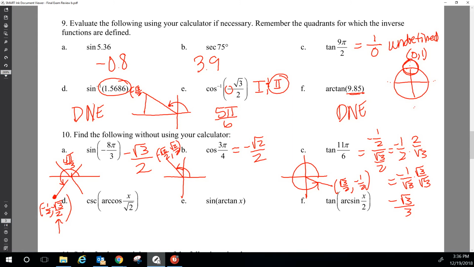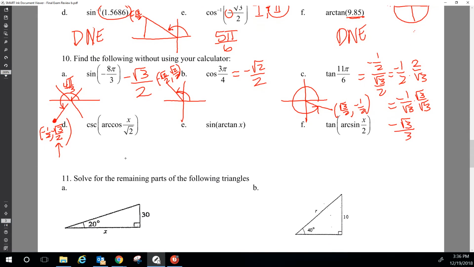All right, D, cosecant of arc cosine of x divided by the square root of 2. So first we have to figure out for what angle my arc cosine is. These are a little funny. Normally I'd have a number here like 1 over the square root of 2 or 1 here.